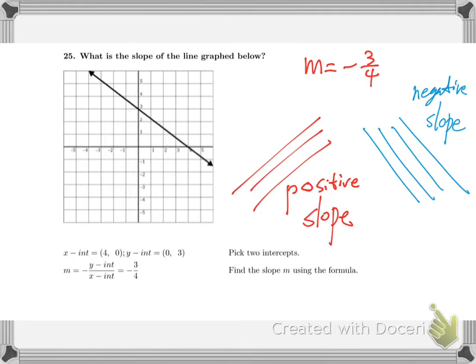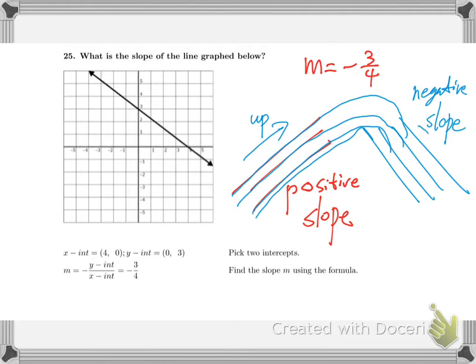Negative slope. If you look at this as a mountain, you go up and go down. When you move from the left, if you are going up, climbing the mountain, it's a positive slope. When you go to the other side, when you slide down, it's a negative slope.